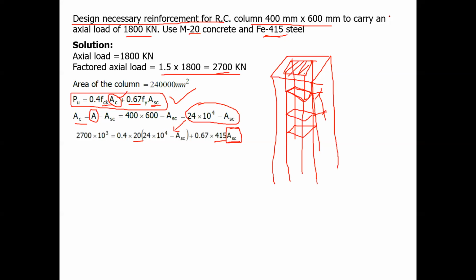So what is the answer? Bharat? Sir, doing, sir. 1 minute. 2,883, sir. 2,888, right? So you'll get Asc is equal to 2,888.35.